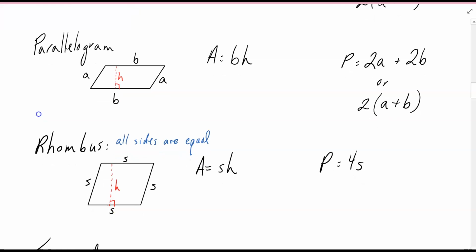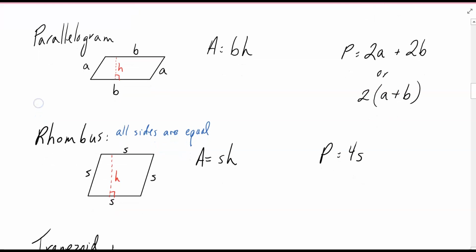We can also take a look at parallelograms. A parallelogram is another quadrilateral that has 2 sets of parallel sides. One set of parallel sides are there and there, and the other set of parallel sides are here and here. And it's very similar to triangles in that the base and height must be perpendicular to each other, as I have drawn right here.